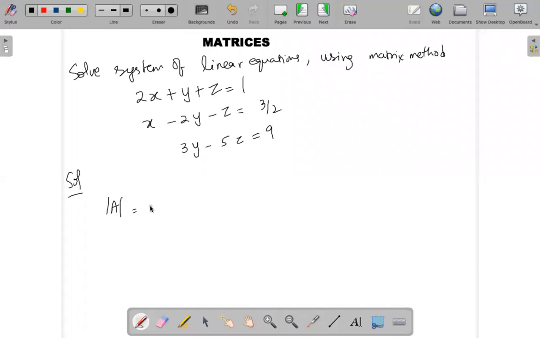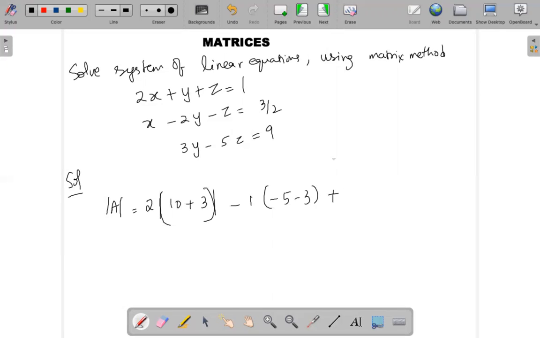So that would be 2, and corresponding to that will be 10 plus 3 after simplifying. Next is minus 1 and minus 5 minus 3.